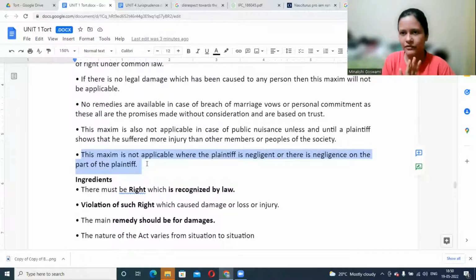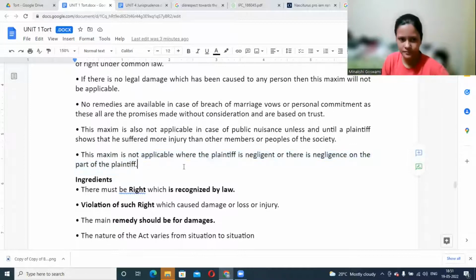You suffered some injury there and you are filing a case. This person is not maintaining his property well. So the court will ask you, why did you enter that person's property in the first place without being invited, without taking the consent? That means you were doing something wrong. So in such cases also, you will not have a remedy.